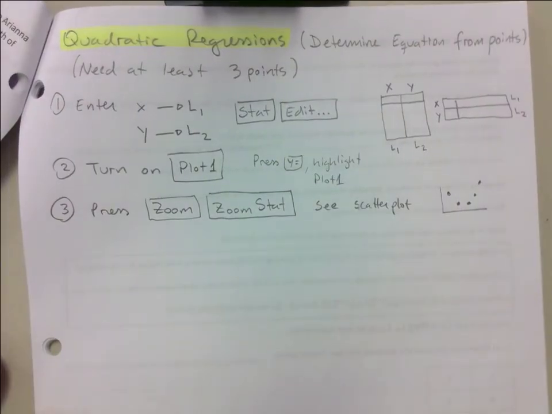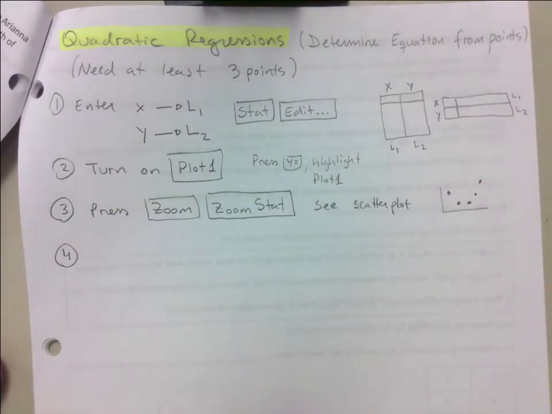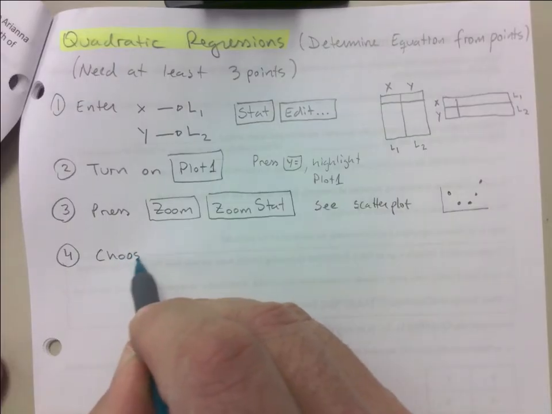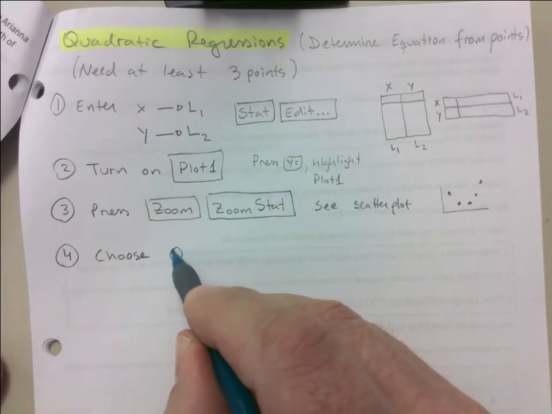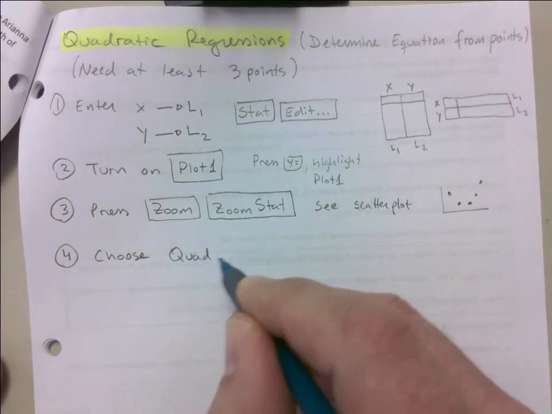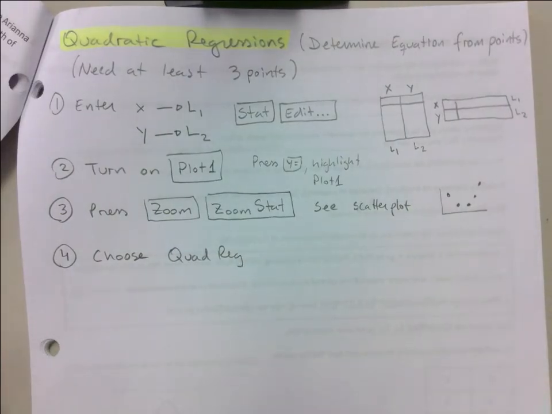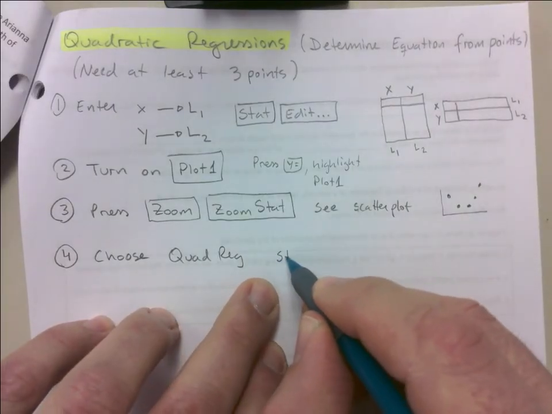Step 4, choose quadreg. Choose quadreg. How do you do that? You press Stat.